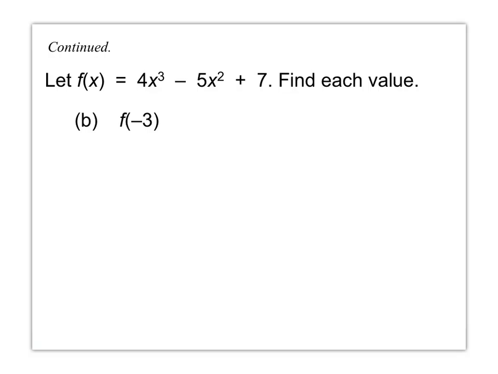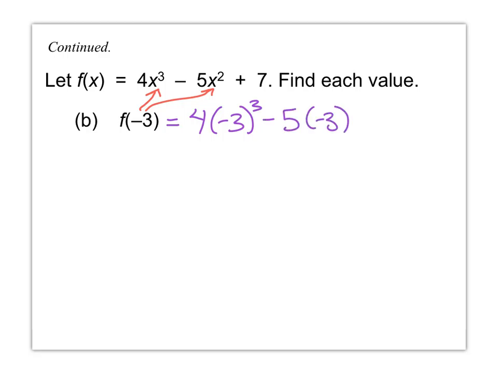For part B, we want to find the value of f of -3. We're plugging in -3 where we see the x in the function, and then using the order of operations to simplify. So f of -3 is found by replacing all of those x values with -3.